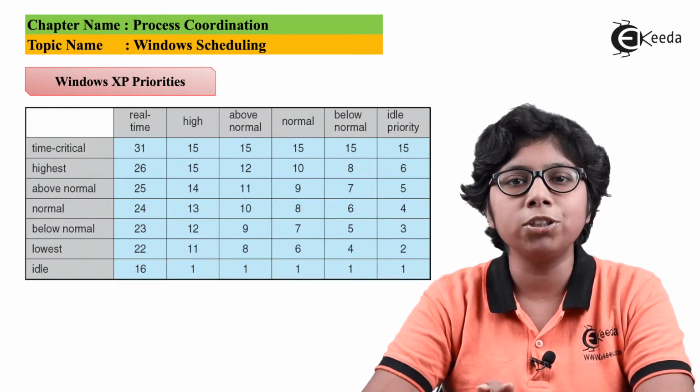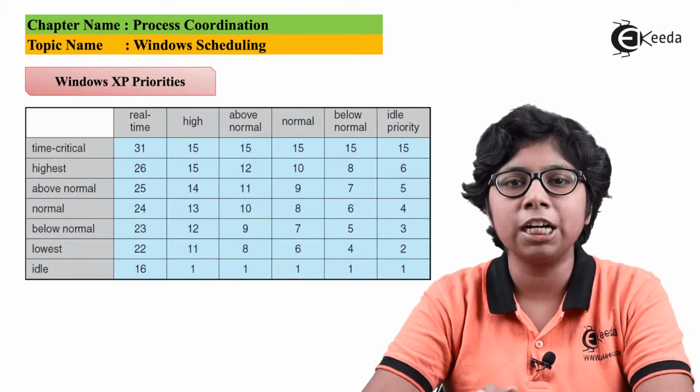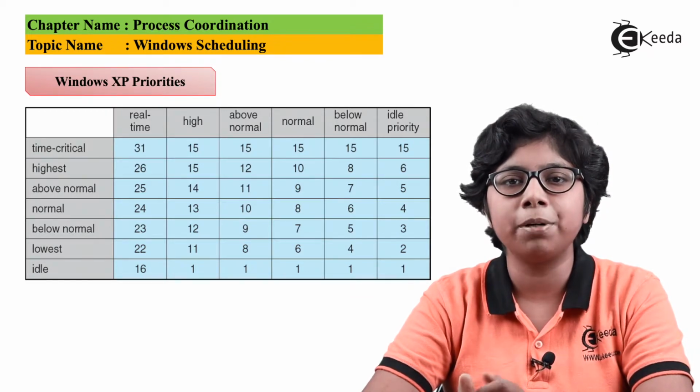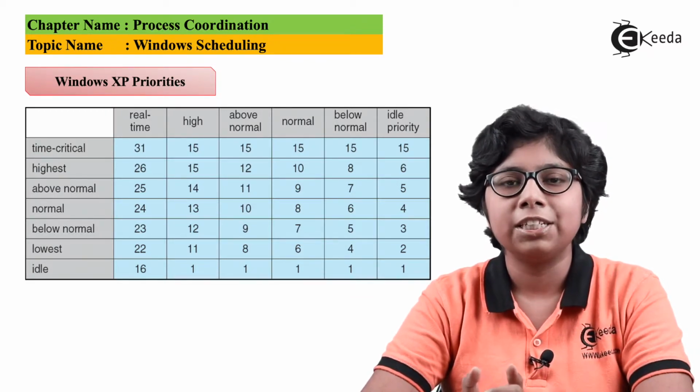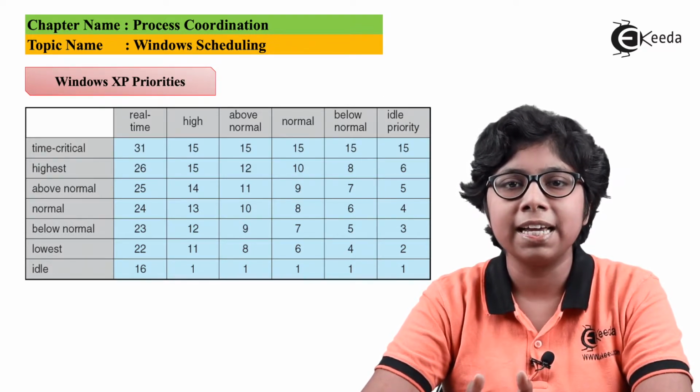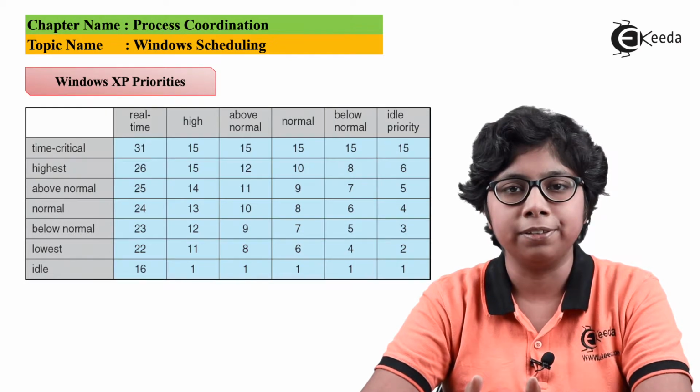Now there is also a base priority that is associated with each thread that has been assigned at the time of process creation, and that can range over any number within this table. Generally, the default base priority of any thread within any class is considered to be normal.